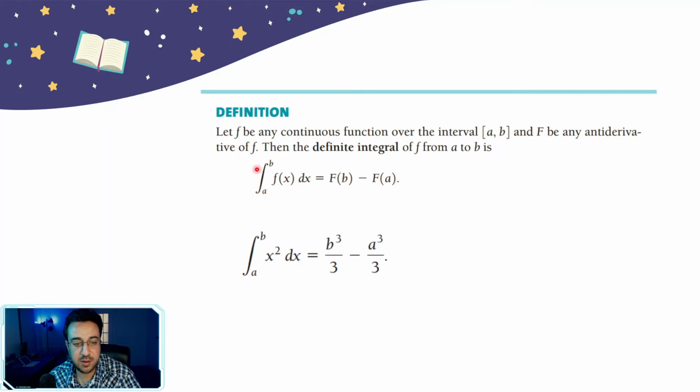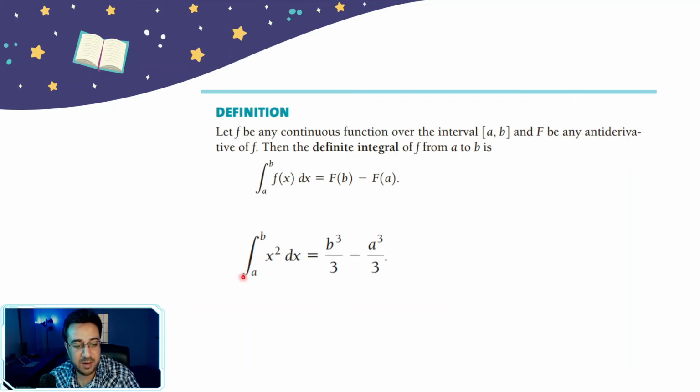So you substitute the top limit into F of x instead of x, minus substitute the a into x as F of a. So we have F of b minus F of a. So we always have the minus between the upper limit and the lower limit. It's like you are taking the difference between the top and the bottom, like in the example of the lamp, in order to find the area under the curve or the integration of that specific function between those 2 points.